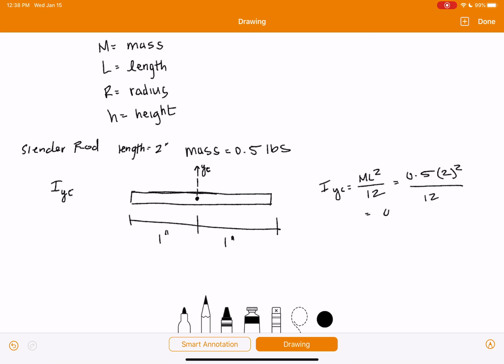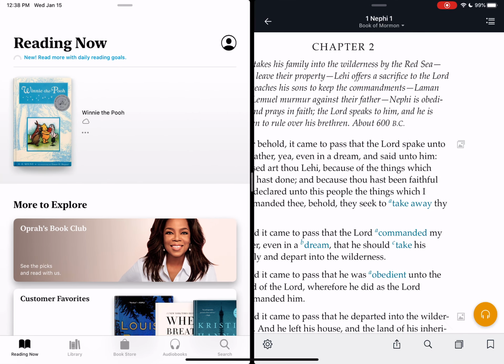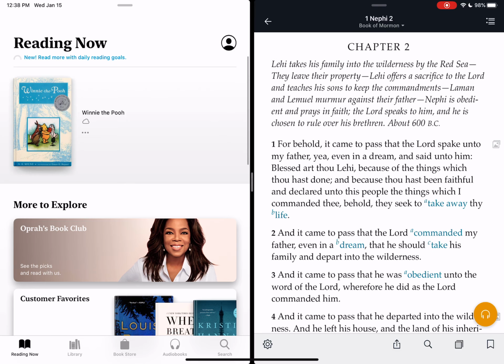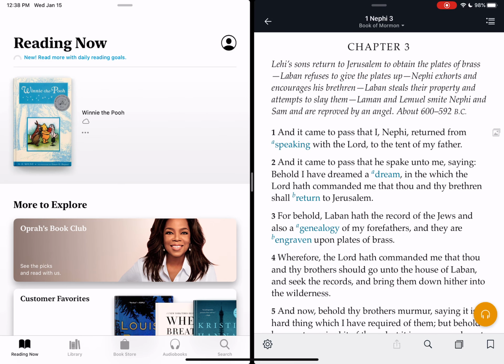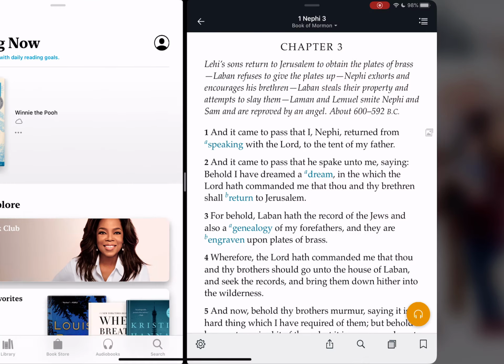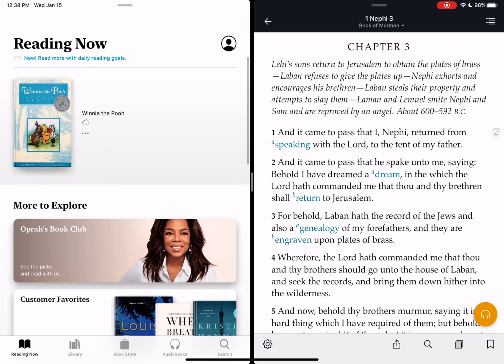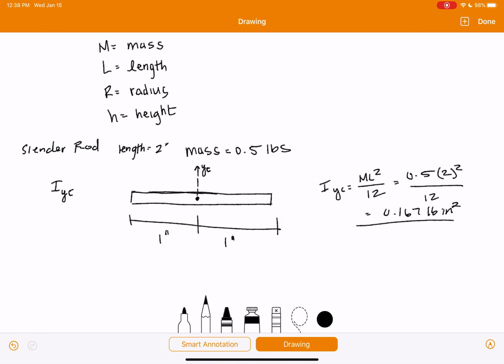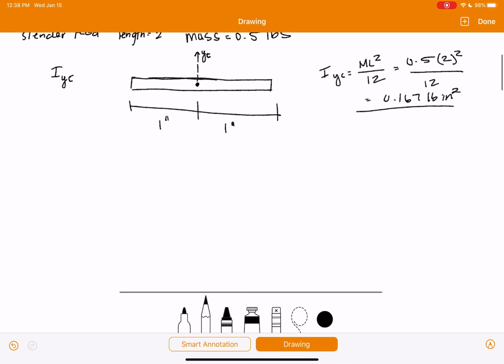Plug in your calculator, you get 0.167 pound inches squared. So it's really as simple as that.